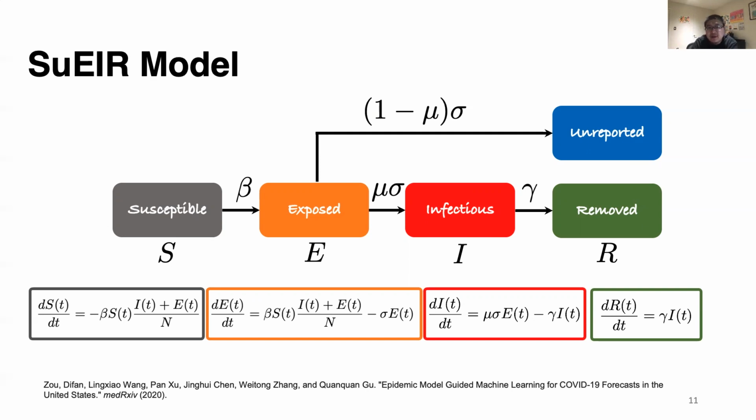Beta denotes the contact rate between the susceptible and infected groups, including both exposed and infectious compartments in the figure. Sigma denotes the ratio of cases in the exposed compartments that are either confirmed as infectious or recovered, which is removed without confirmation. Mu is the discovery rate of the infected cases, and gamma denotes the transition rate between the compartments I and R.